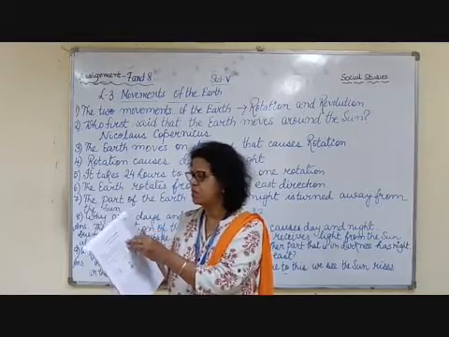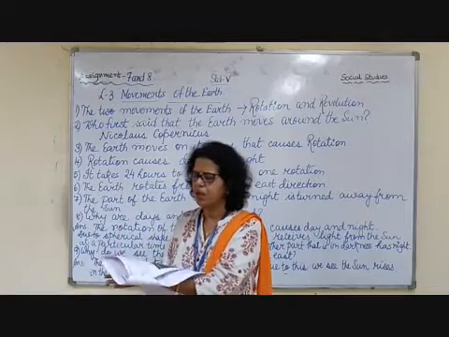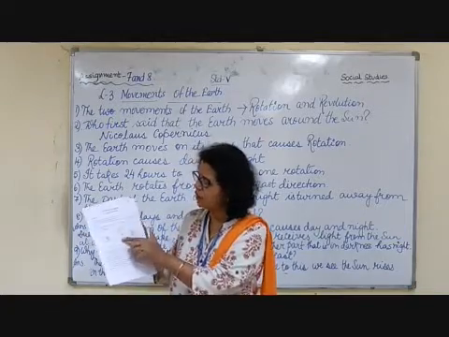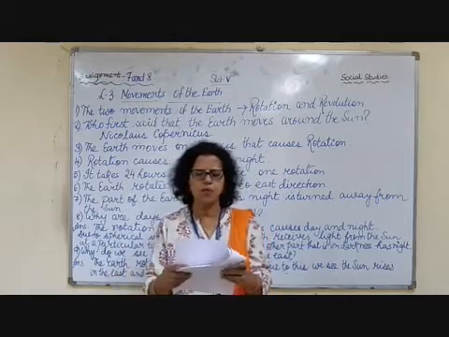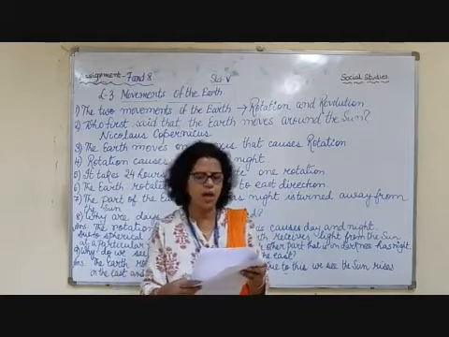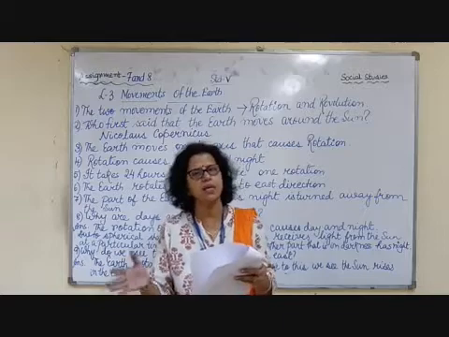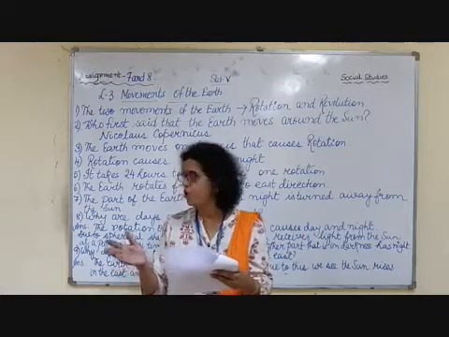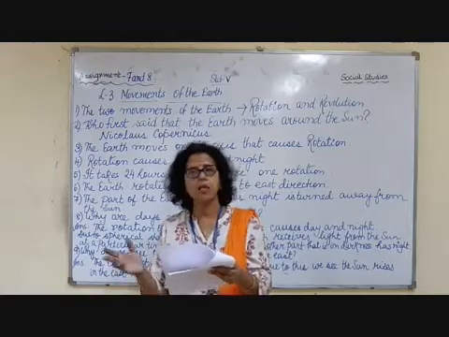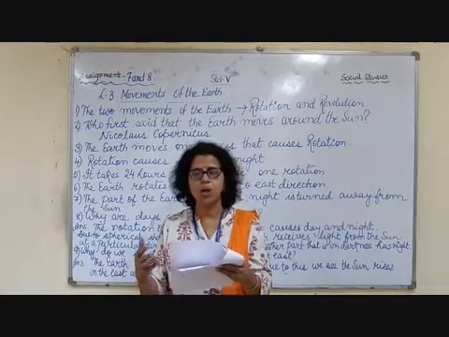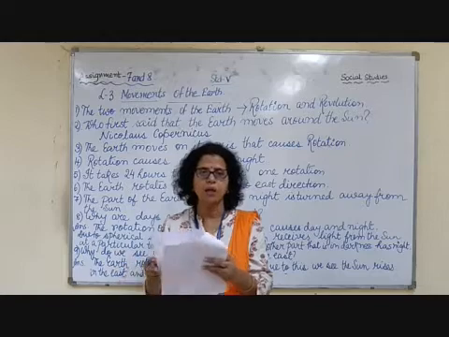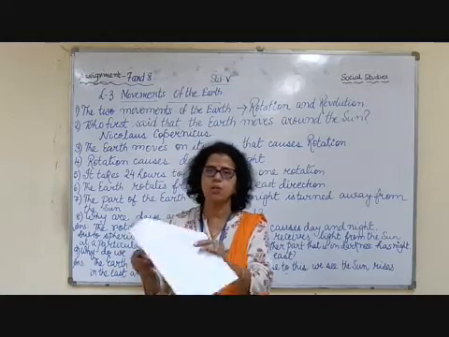Okay, next is the position of 1 and 3, that is the equinox. The rays of the sun fall directly on the equator. As a result, the length of the days and nights are equal throughout the world, and it is neither too hot nor too cold in both the hemispheres. The northern hemisphere has spring in the first position and autumn in the third position.